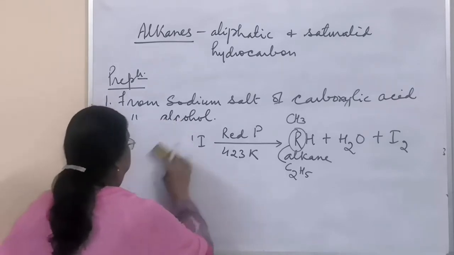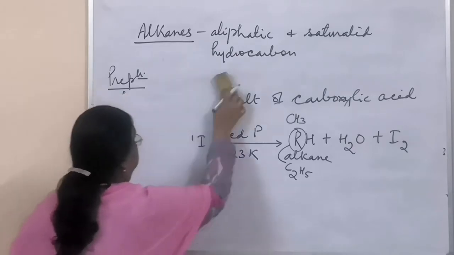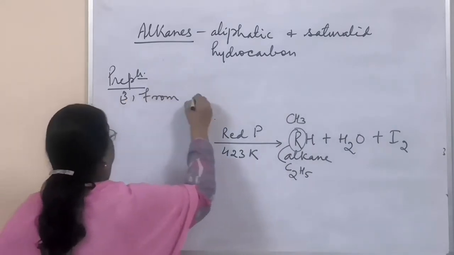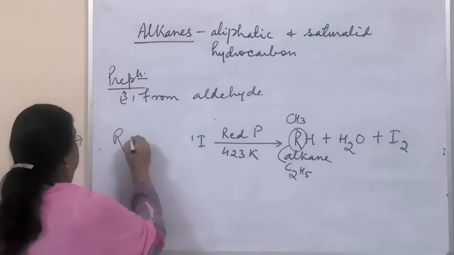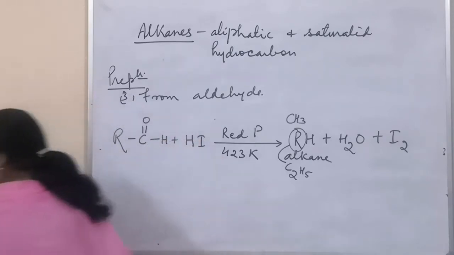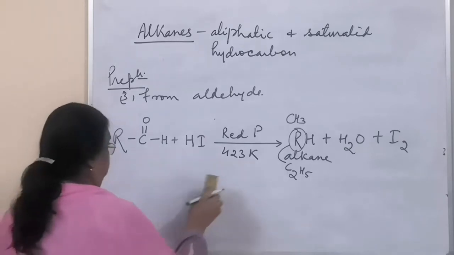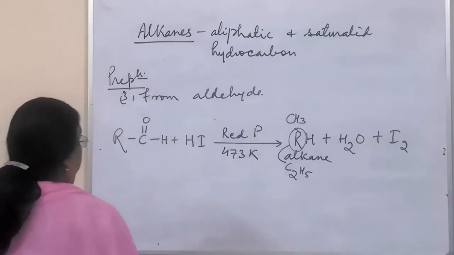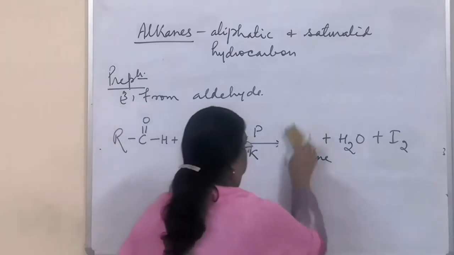Now the third method is from aldehyde. Aldehyde is RCHO, with HI, the same, and the temperature is 473 K. Your temperature is a little higher, remember that. I'll show you how the reaction will be.